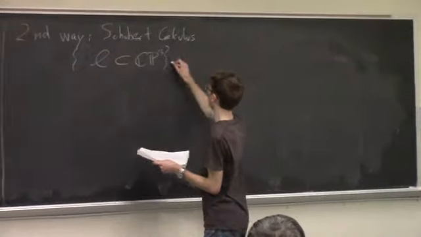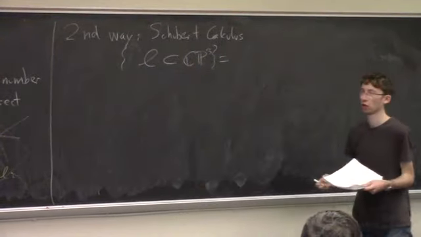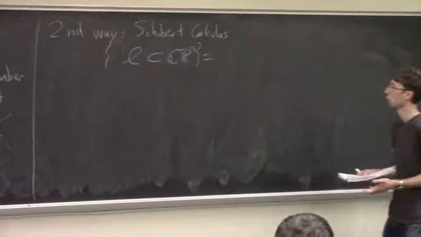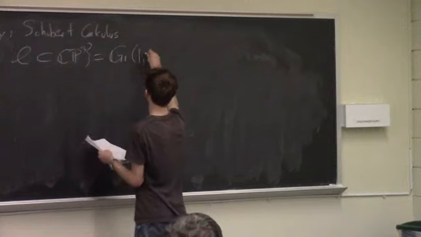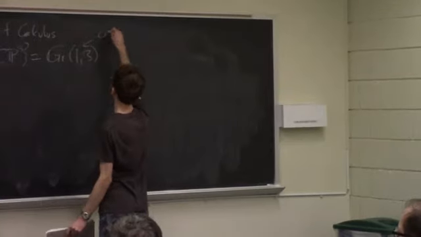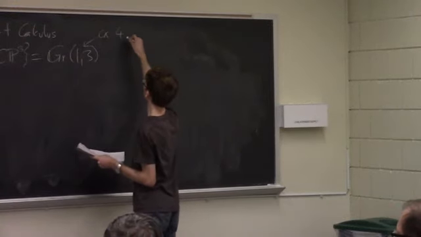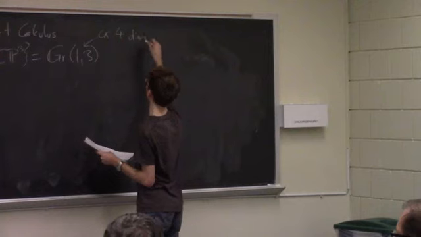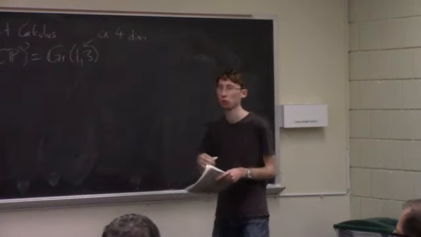At first it's a set, but there's a natural topology you can put on it. And you can even make it a manifold, which is called the Grassmannian Gr(1,3). If I use complex numbers, it will be a complex 4-dimensional space. It's a complex manifold of dimension 4, so it's real 8-dimensional.